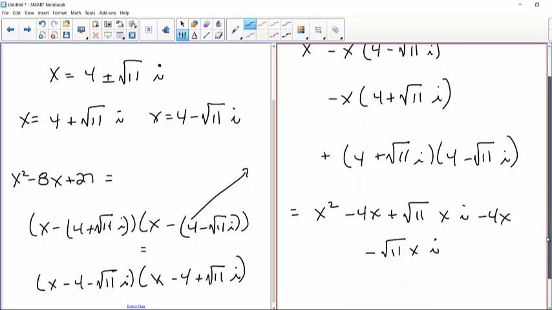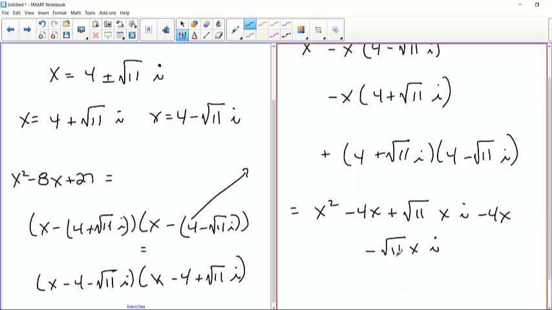And then we can use FOIL on this. So you can have 4 times 4 plus 16. The inner and outer cancel out because you've got 4 square root of 11i and minus 4 square root of 11i, so we can just put 0 because this is the complex conjugate of that.